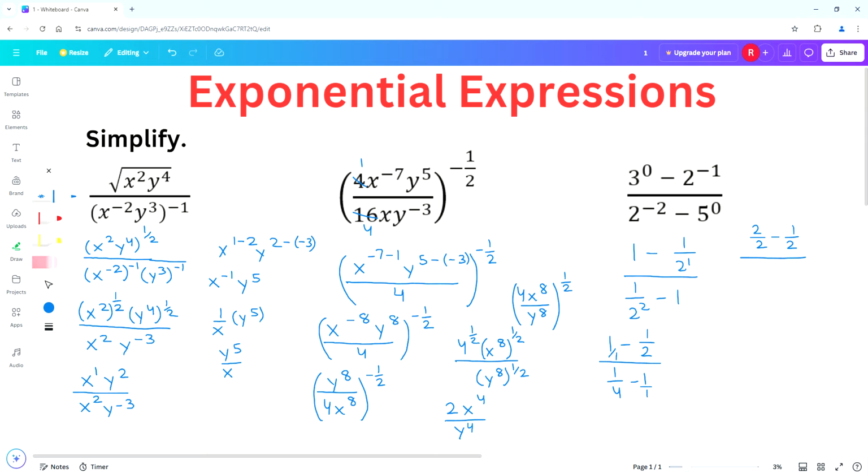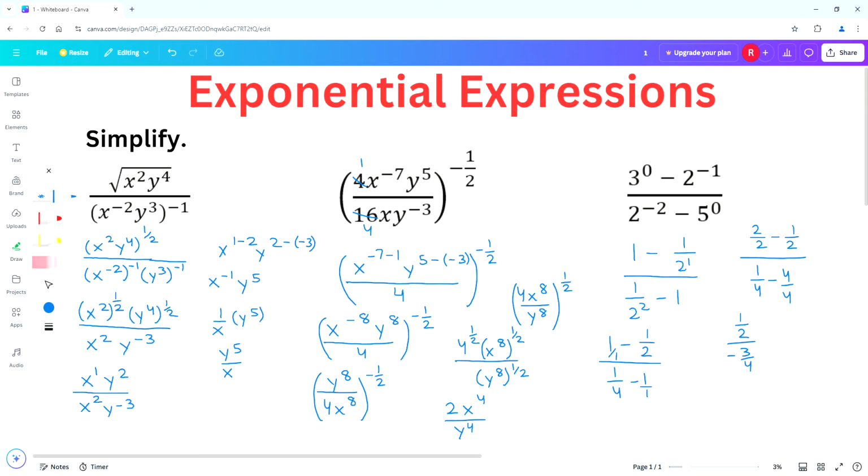The common denominator is 4. So we should multiply 1 over 1 by 4 in the numerator and denominator. Now we can subtract the fractions. In the numerator, we get 1 over 2. And in the denominator, we get negative 3 over 4.